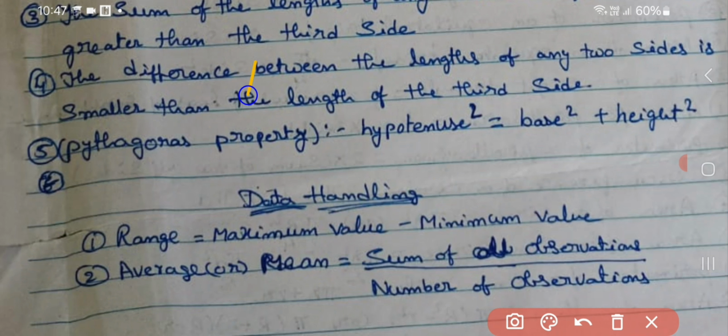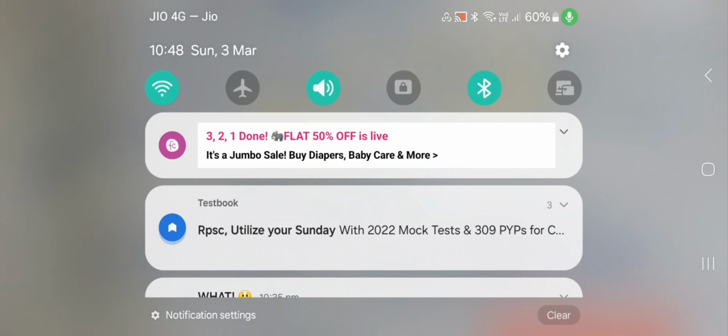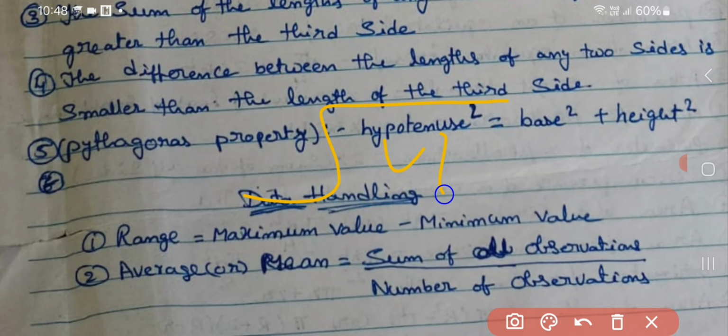We got the sum of all observations as 40, divided by the number of observations, 6. Dividing, 46 minus 36 leaves a remainder, and we continue the division with a decimal point. So the average is 6.6 approximately.